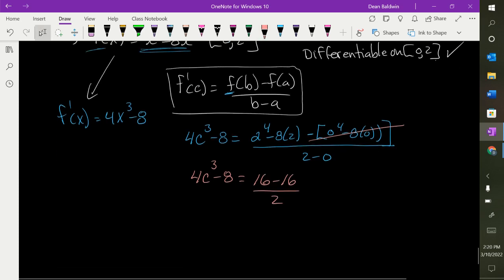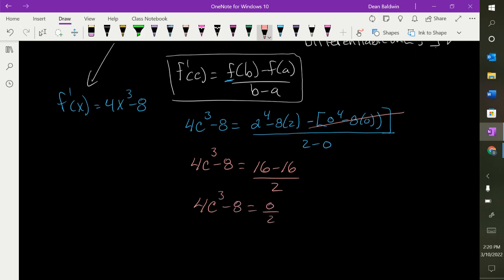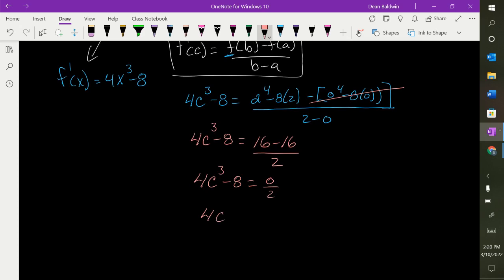What's 16 minus 16? 0. 0 over 2 is just 0. So I'm going to move the 8 over. 4c cubed is equal to 8, so c cubed is equal to 2. Therefore, c is equal to the cube root of 2. And that is it.